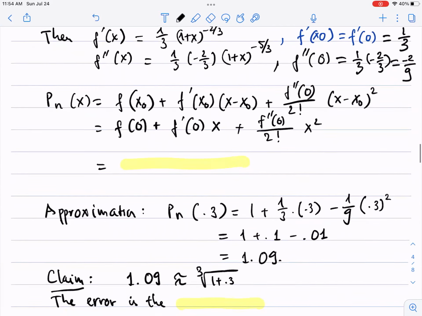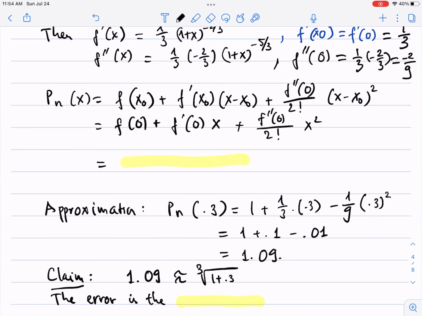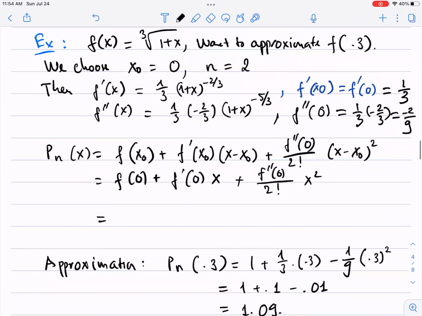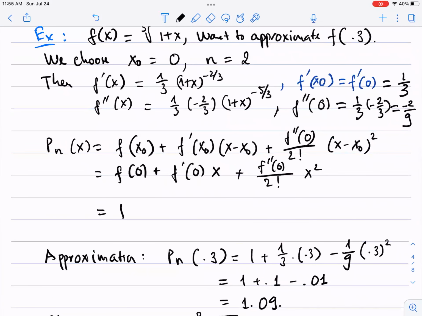So the Taylor polynomial of second degree is given by this expression, and we can evaluate it concretely. f of 0 equals 1, f prime of 0 equals 1/3, so 1/3 x, and f double prime of 0 equals minus 2/9, so this is minus 2/9 divided by 2 factorial times x squared, and this can be simplified further.